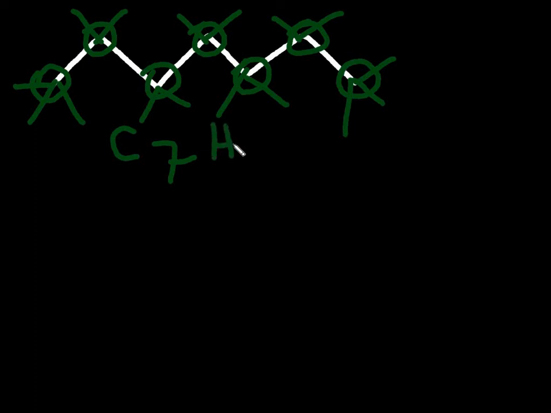A big number. 16. Agreed that we see 7 carbons. This would be called heptane. Now, remember, methane, ethane, propane, butane, pentane. Just get that down pat. Just remember, memorize it. Hexane, heptane.